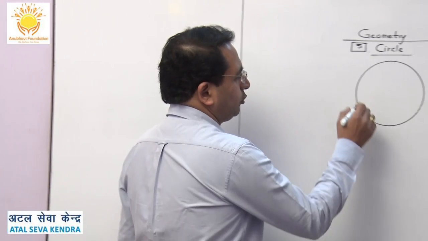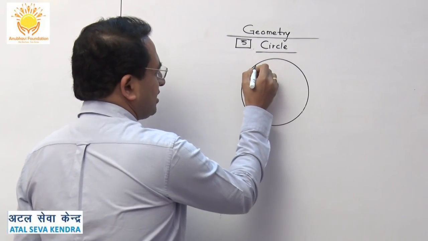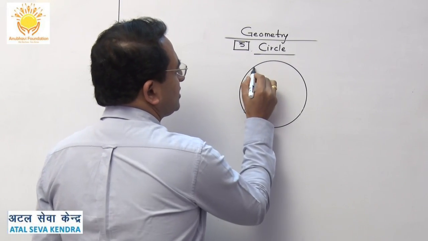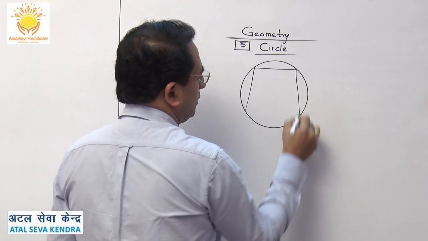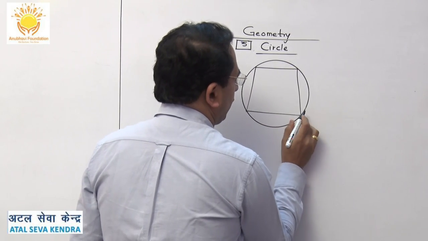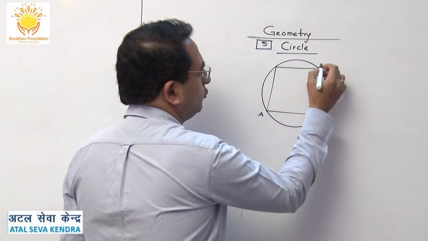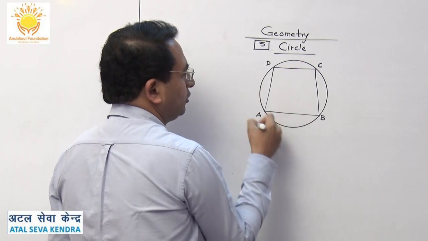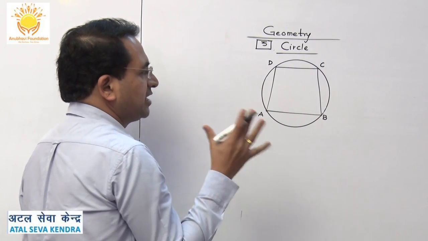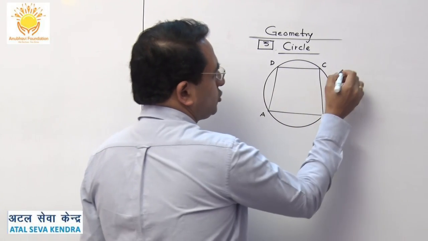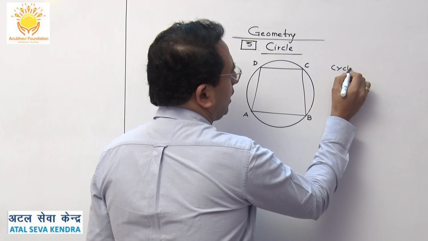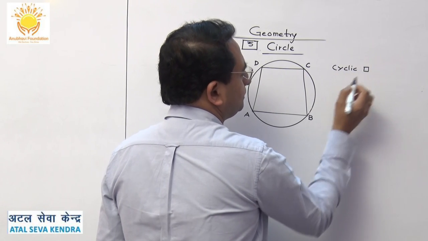Let us discuss one more theorem which is asked in the boards, about a cyclic quadrilateral. When you have a quadrilateral whose vertices all lie on the circumference, it has a specific name, known as a cyclic quadrilateral.